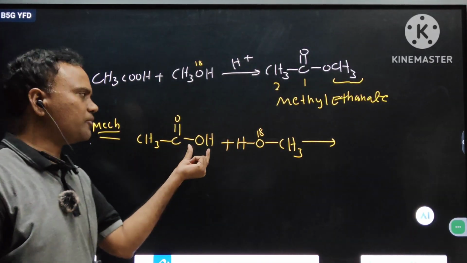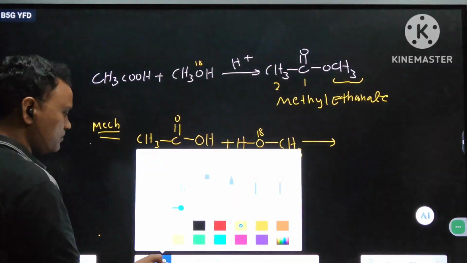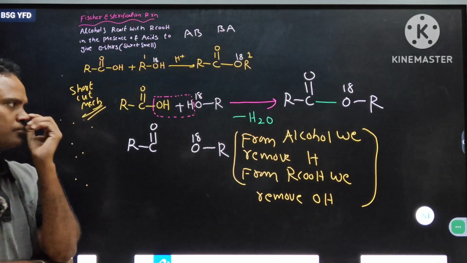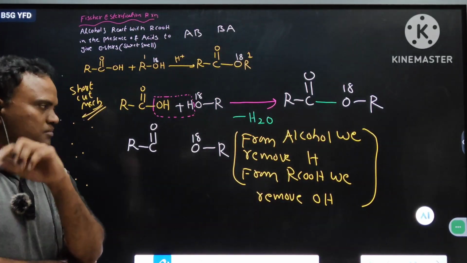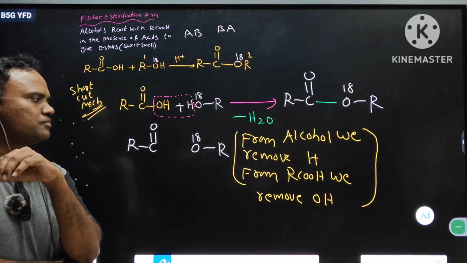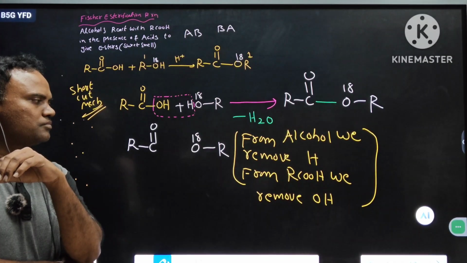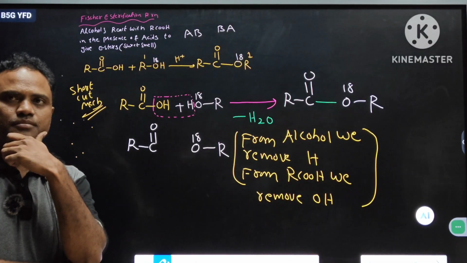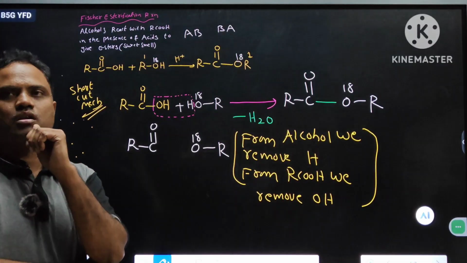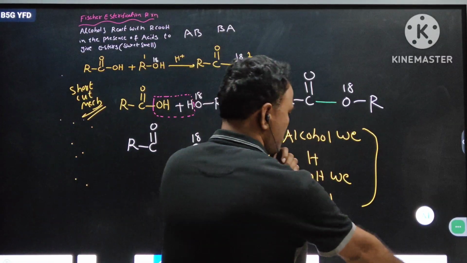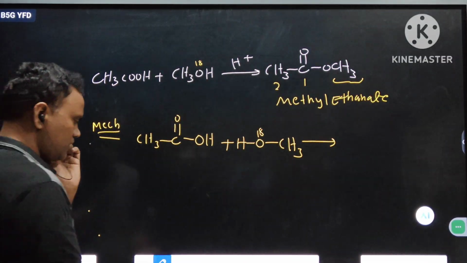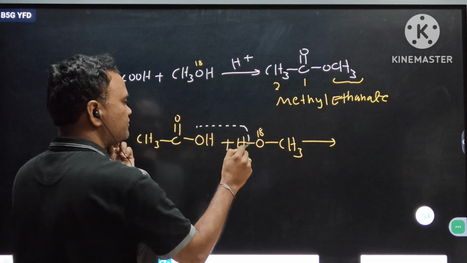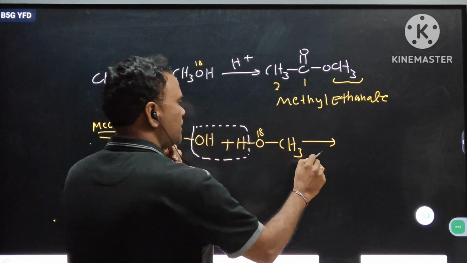Shortcut mechanism, OH from carboxylic acid, H from alcohol. Completed? We are removing OH from carboxylic acid and H from alcohol. Minus H2O.